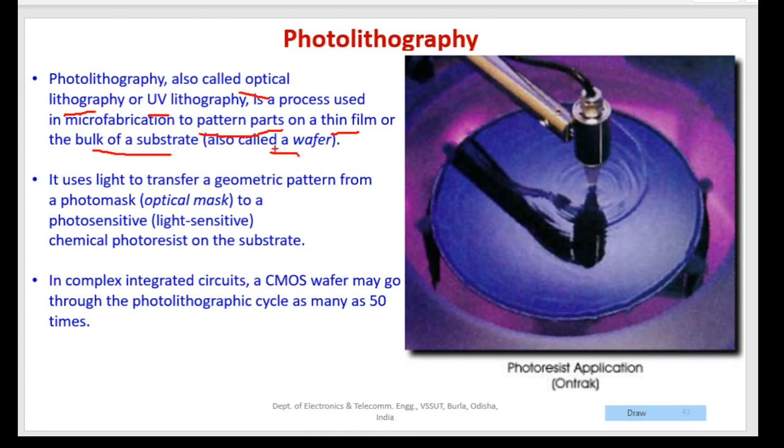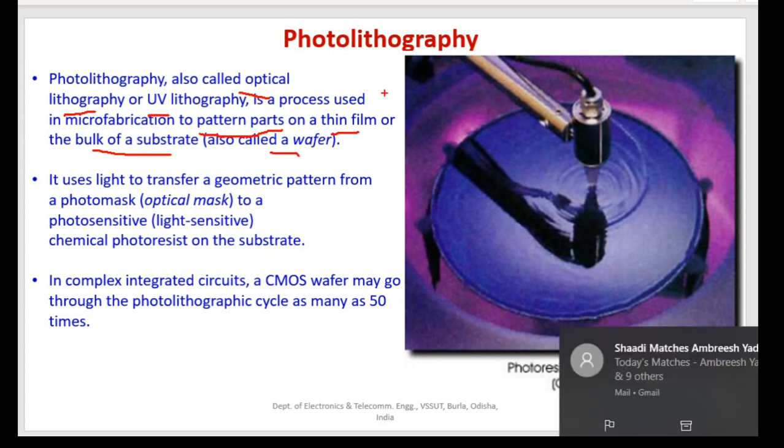So either the patterning is required on the top of the substrate or on the top of the wafer, or patterning is required on a thin film that is already deposited on the top of the wafer, right? Whatever is the case, we require to transfer some geometrical shapes, we require to pattern those layers, and hence for patterning those layers the photolithography process is used.